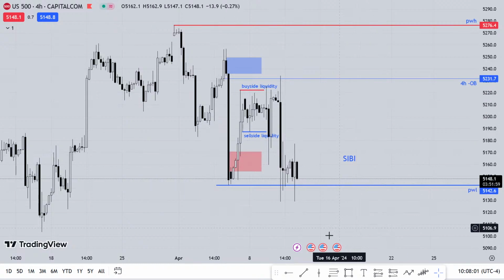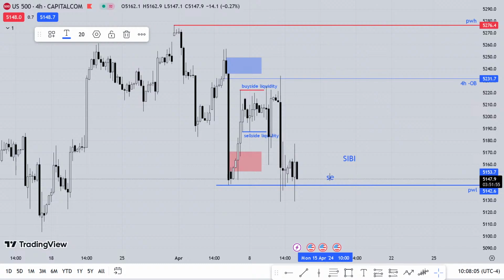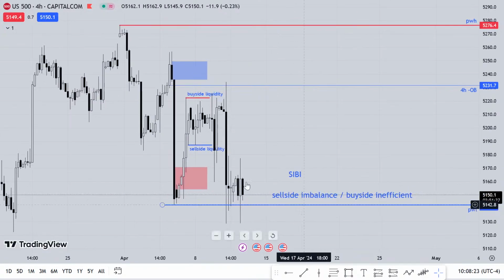SIBI meaning sell side imbalance, buy side inefficient. So what does this mean?